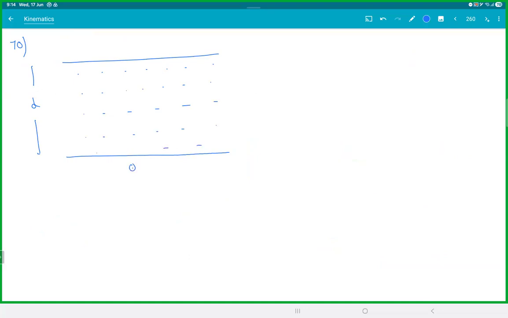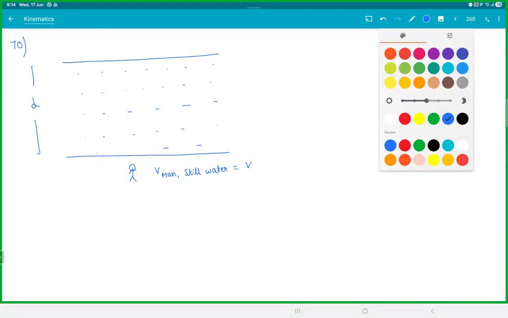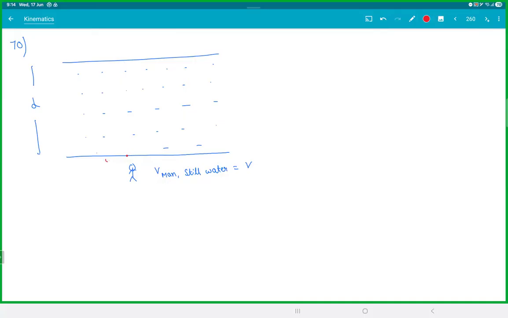So we got a person here. Velocity of the man in still water is v. This river, let's take this as the y coordinate. y is equal to 0. This is y is equal to d.